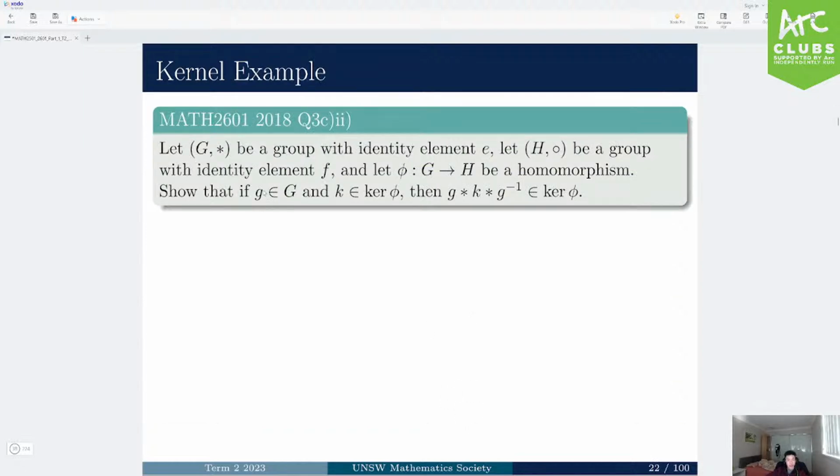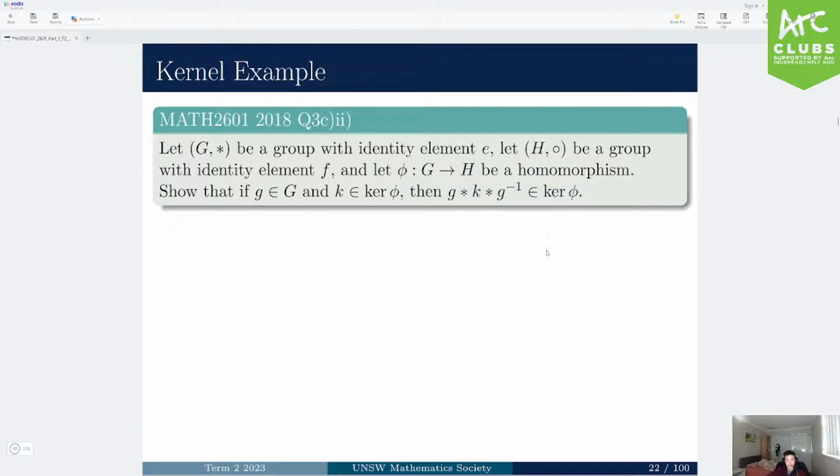Alright, now a quick example here. Suppose G is a group with identity element e, and let H with circle operation be a group with identity element f. Let phi be a homomorphism from G to H, and we are trying to show that if g is an element of the group G, and k is in the kernel of phi, then g star k star g inverse is an element of the kernel of phi.